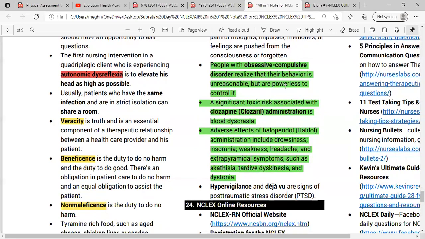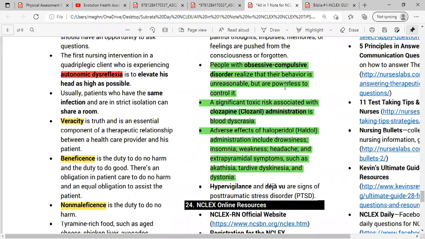The person with obsessive compulsive disorder can understand, I'm doing something bad, but unfortunately it is not in their control. So they know it is not perfect, but they do not know how to control it, right? And this is actually more common in obsessive compulsive disorder.